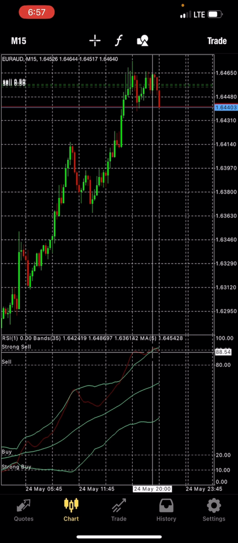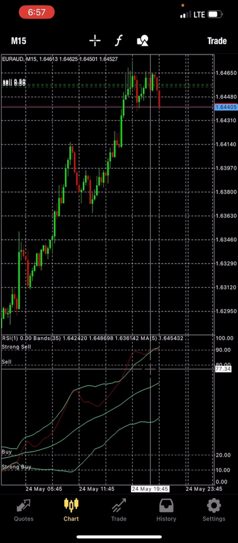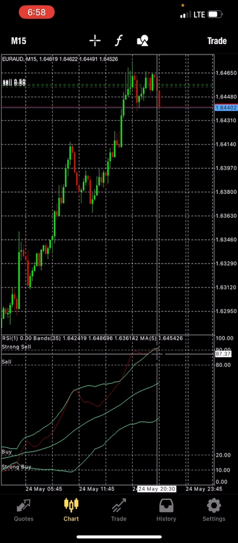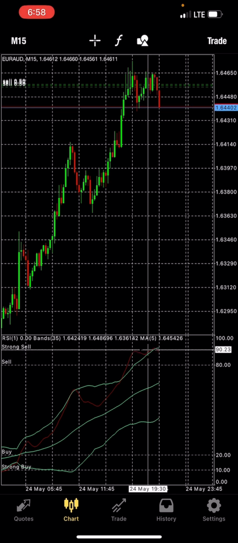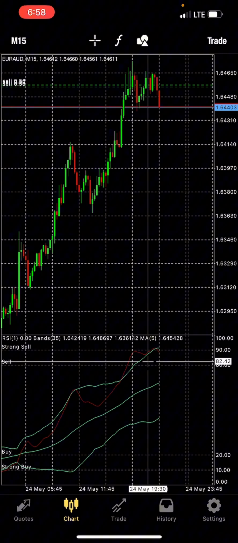But for more profitable trades, you can use the strong sell level. So the red and the green must cross themselves, approaching downwards, before we can enter the trade. That is just it, basically, nothing much.